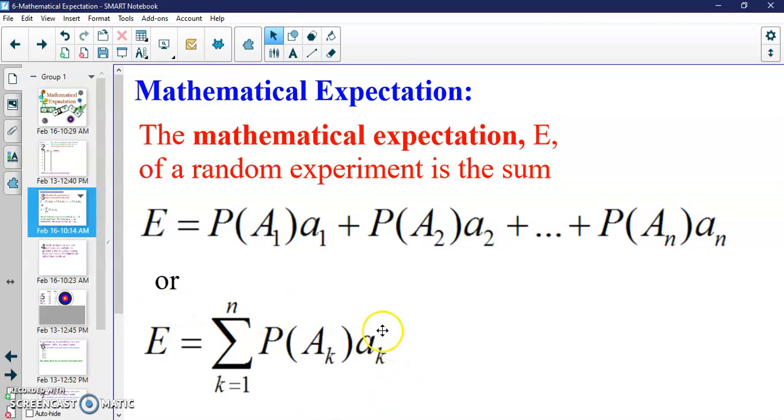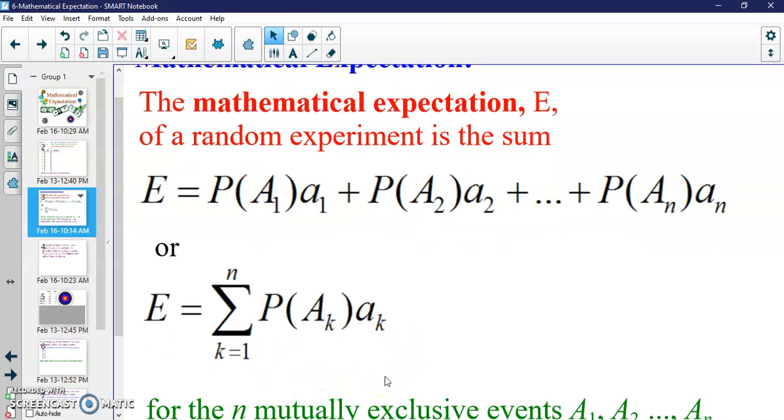So we can write that in summation notation here with the Greek letter epsilon, where E equals the sum from k equals 1 to some value n of the probability of some event a sub k times the value of that event.